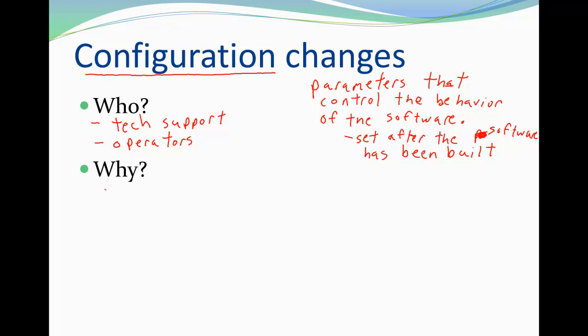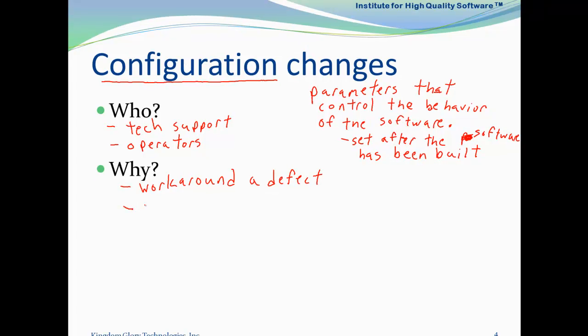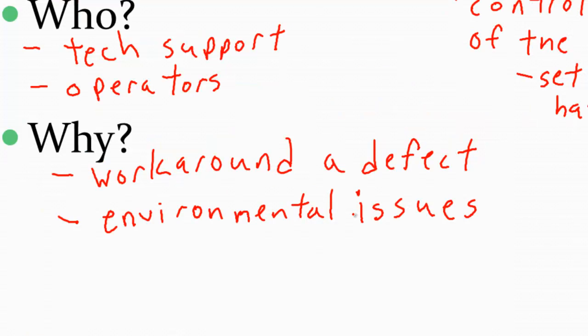It could be several reasons. One reason could be to work around a defect. Another reason you may need to change the configuration is because of environmental issues. And by environment, I don't mean the outdoors, or the biome you live in or the software is running in.